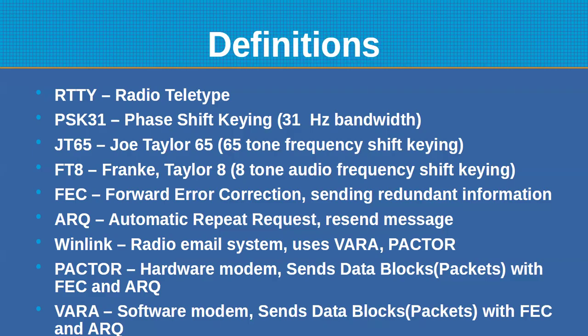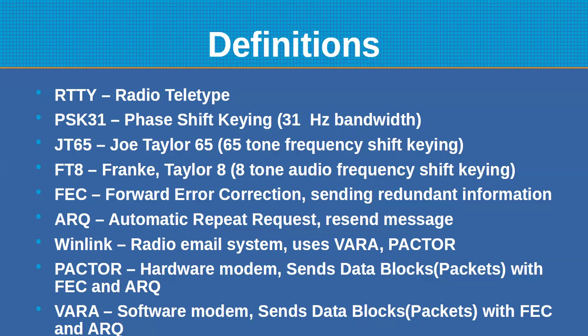Forward error correction, or FEC, is where you send redundant information that's encoded along with the message, so the receiving end can detect and correct errors. Part of that is an ARQ protocol, which stands for automatic repeat request.